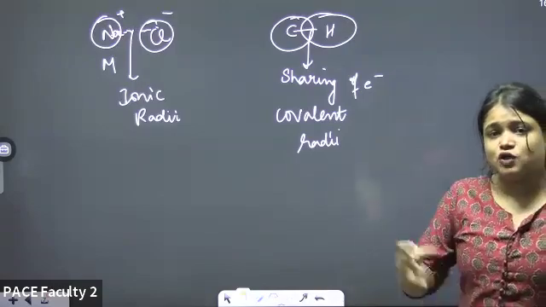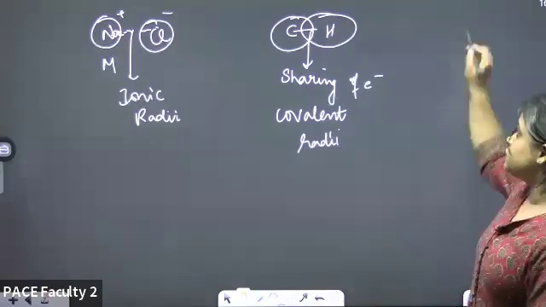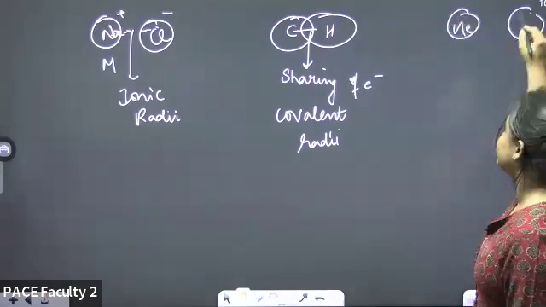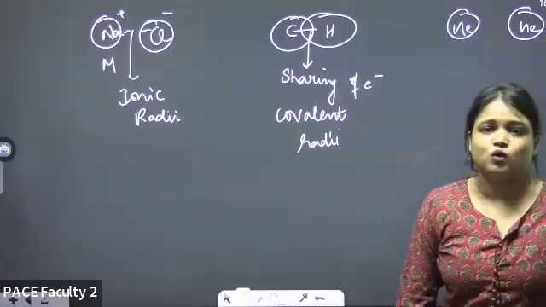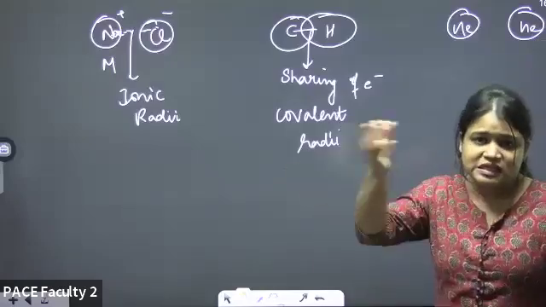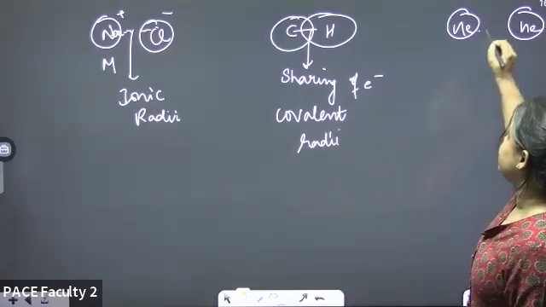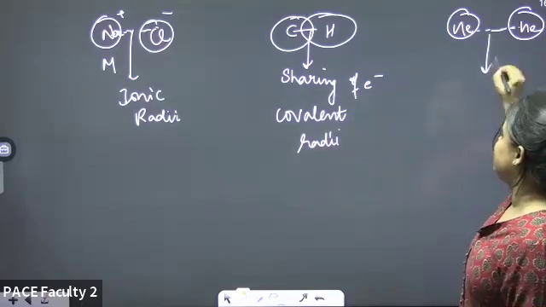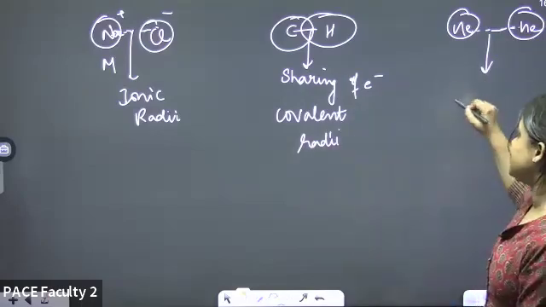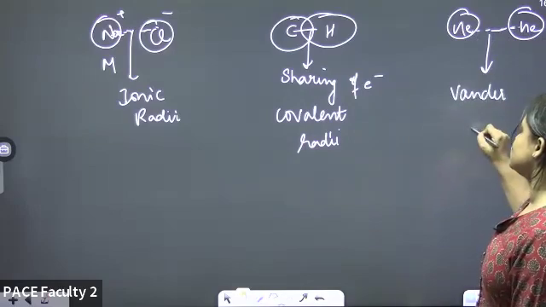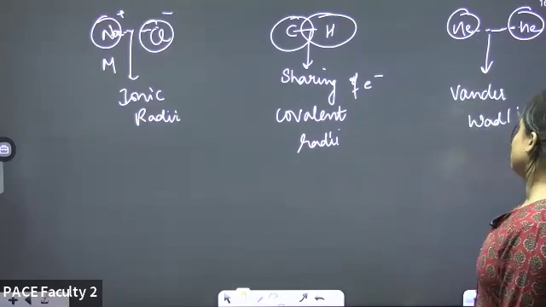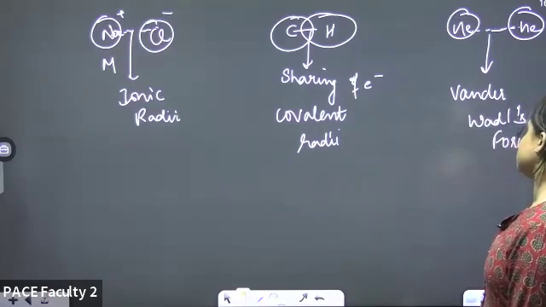And then suppose there are two atoms which are not reactive, so helium. Now these two atoms of helium stay close to one another, but they have a very, very weak force of attraction. These are known as van der Waals forces of attraction. These are called van der Waals forces.